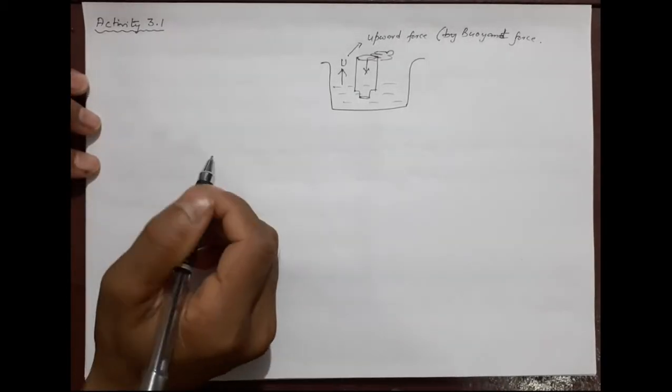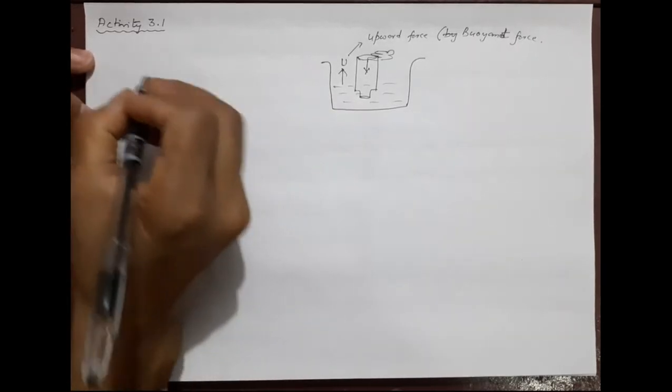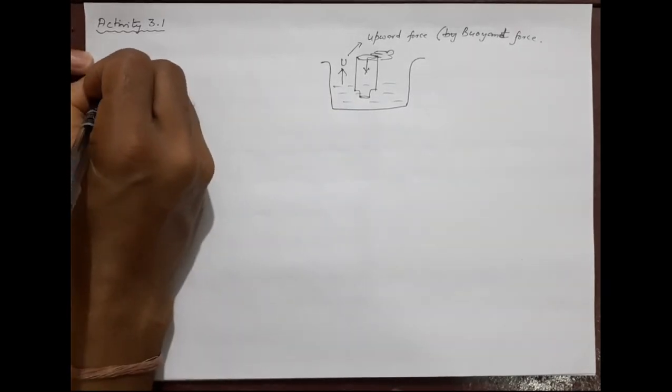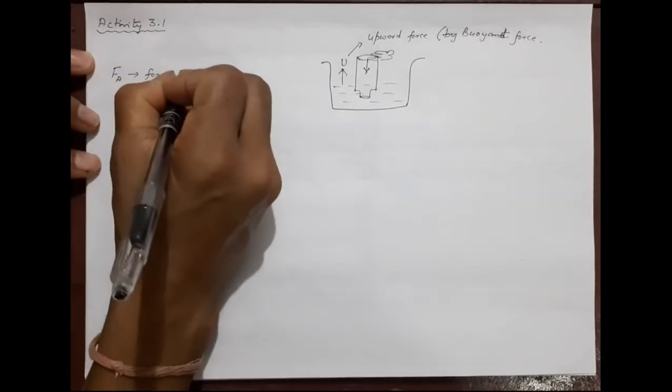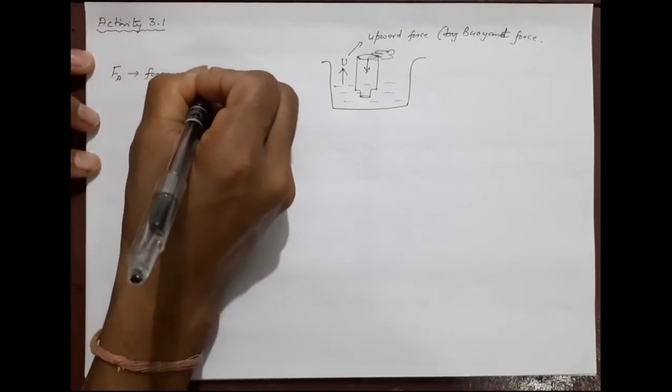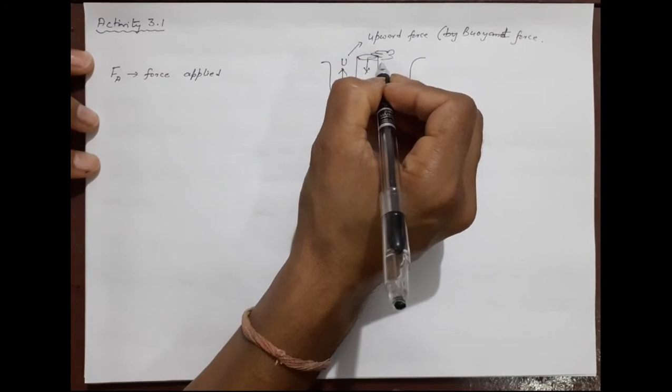Looking at this diagram, you can understand the formula also. Suppose Fa is the force applied, with which you are applying force with your hand downside.